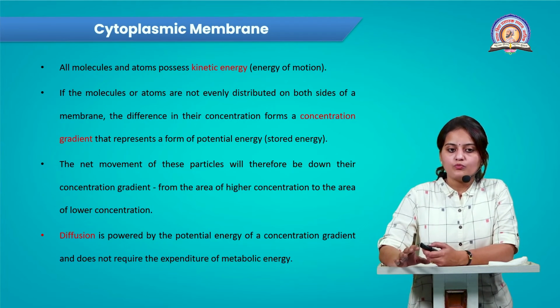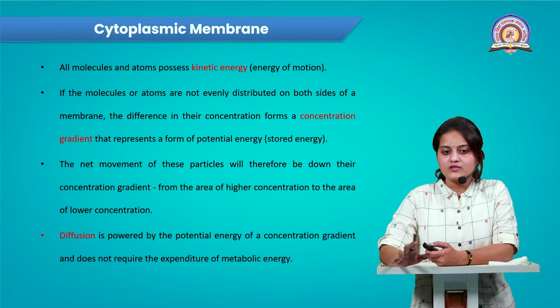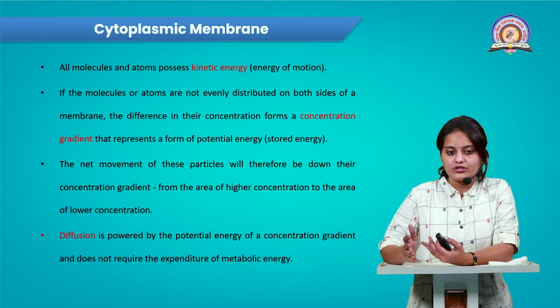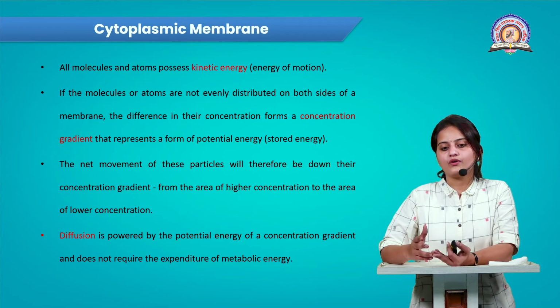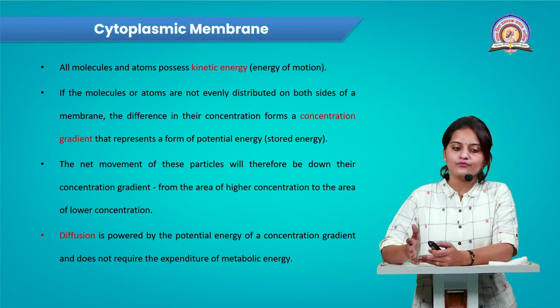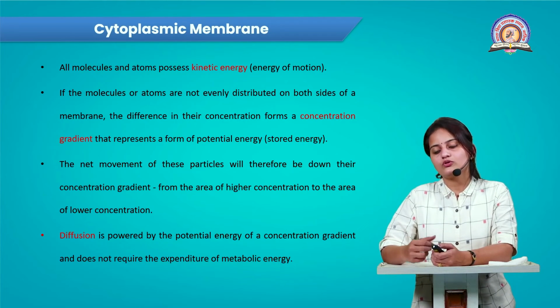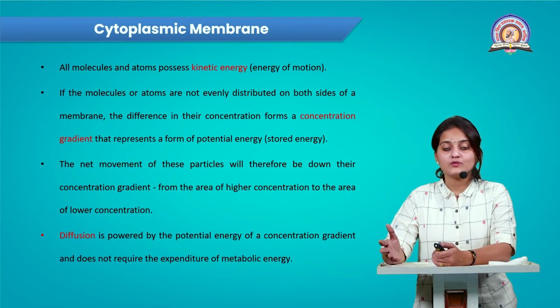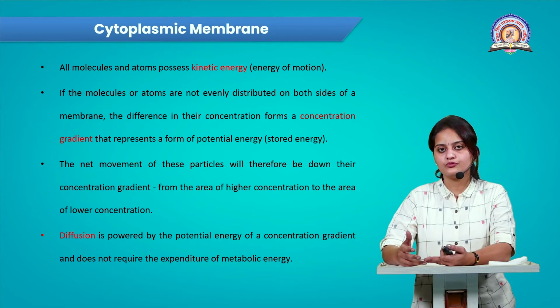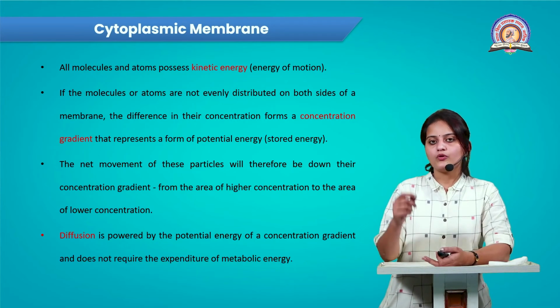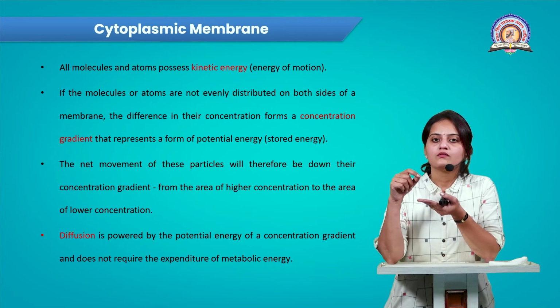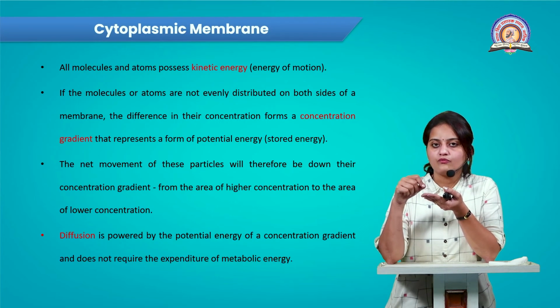The net movement of these particles will therefore be down their concentration gradient, from the area of higher concentration to the area of lower concentration. Even diffusion is also made possible by the cytoplasmic membrane. Now what is diffusion? Suppose we put an ink pen on a blank paper, what happens?